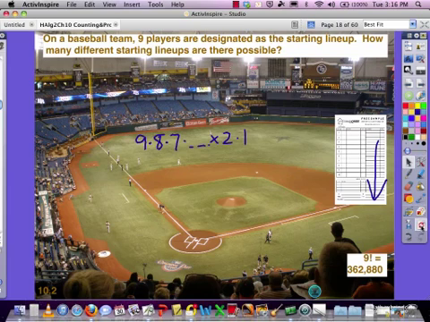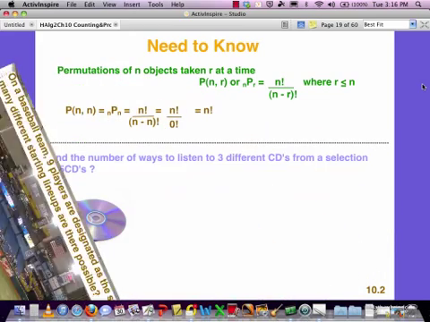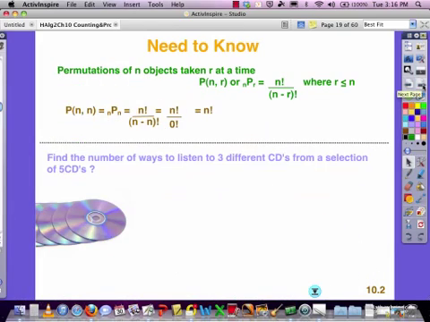All right, reset that, and here we go. Next situation. What you need to know here is that permutations of n objects take an r at a time. Some of you are going to say, well, wait a minute, isn't this like combinations? But remember, permutations, order matters. So the notation is going to be very similar.